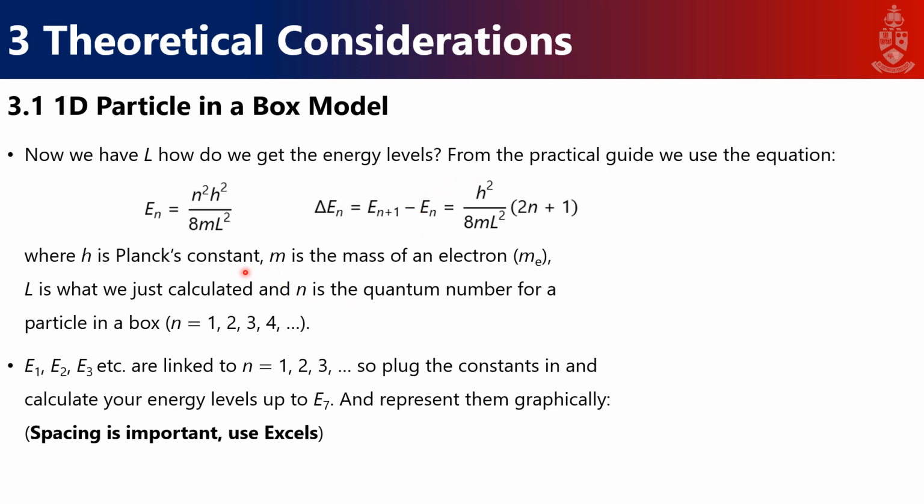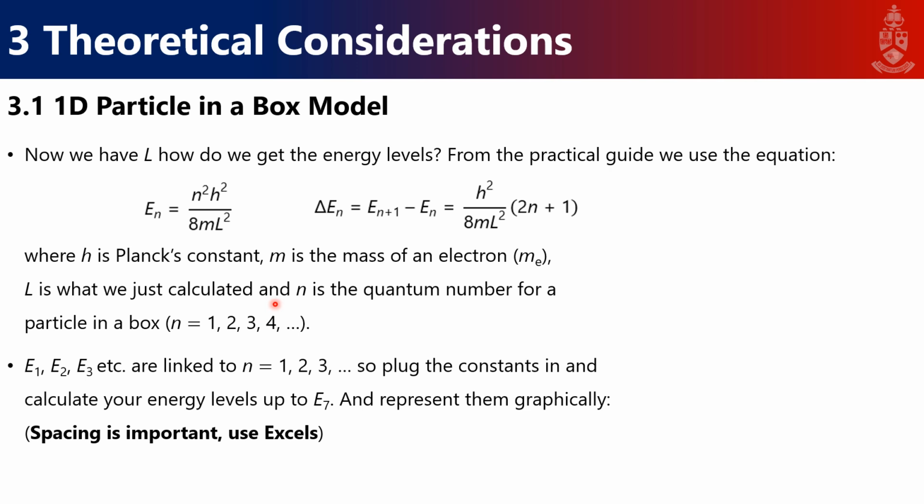Right, just a few things to go over. Remember, h is Planck's constant. The m in this equation is the mass of the electron, which you can look up. L is, of course, as we calculated before, for the molecule, and n is the quantum number, which runs from 1 up to infinity.